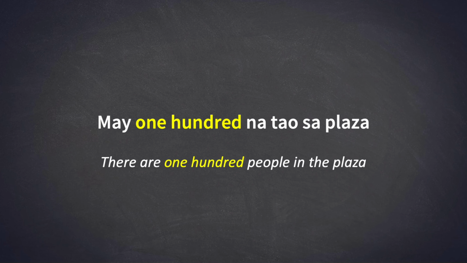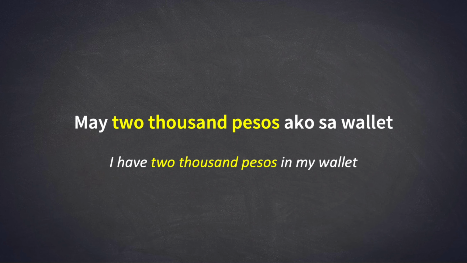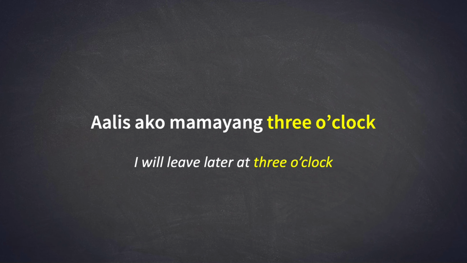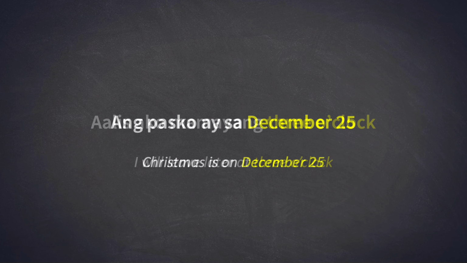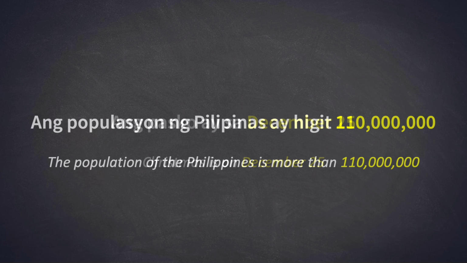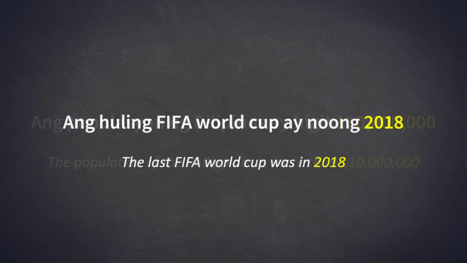May 100 na tao sa plaza. May 2,000 pesos ako sa wallet. Aalis ako mamayang 3 o'clock. Ang Pasko ay sa December 25. Ang populasyon ng Pilipinas ay higit 110 milyon. Ang huling FIFA World Cup ay noong 2018.